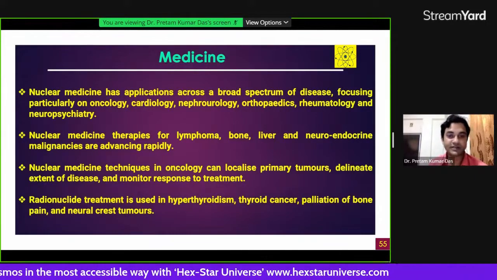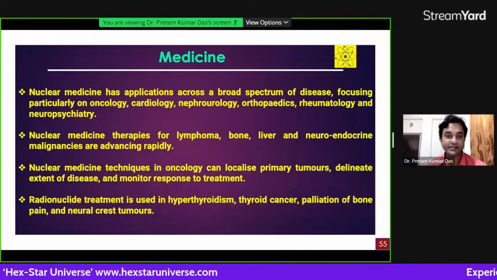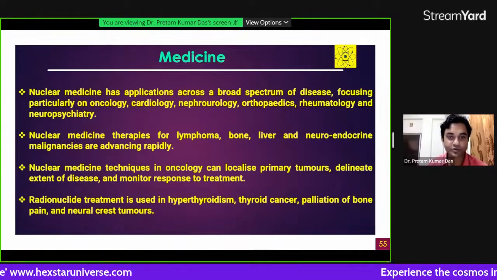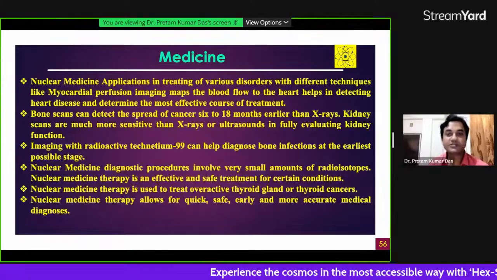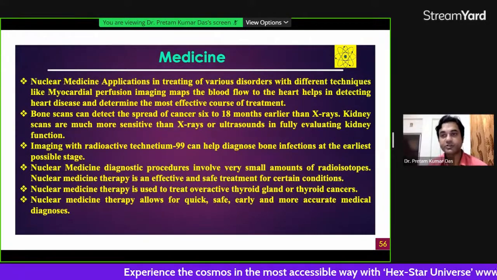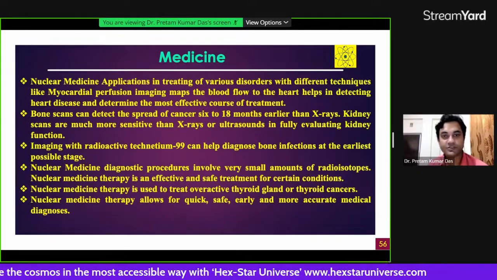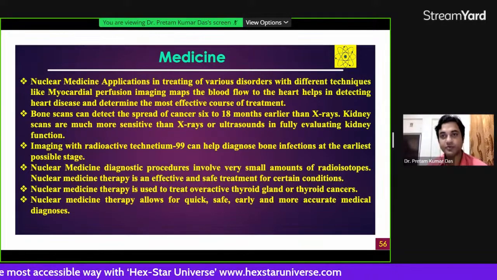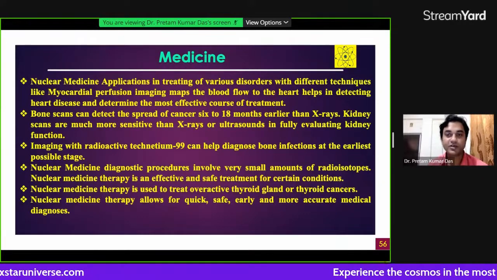Nuclear medicine techniques in oncology can localize primary tumors, delineate extent of disease, and monitor response to treatment. Nuclear medicine is applied in treating various disorders with different techniques. Myocardial perfusion imaging maps the blood flow to the heart, helps in detecting heart disease, and determines the most effective course of treatment.